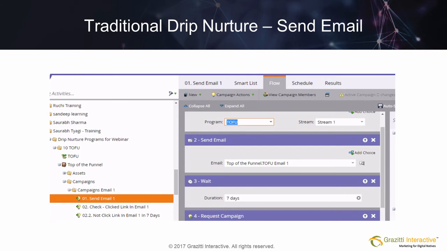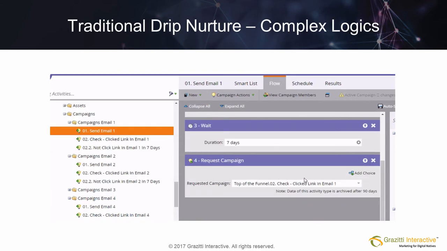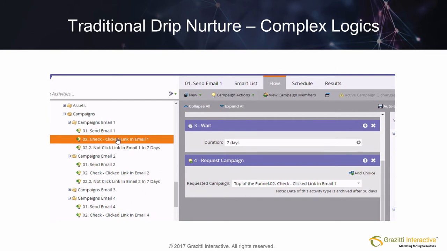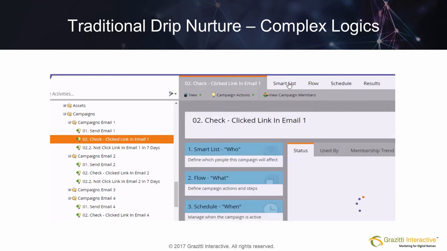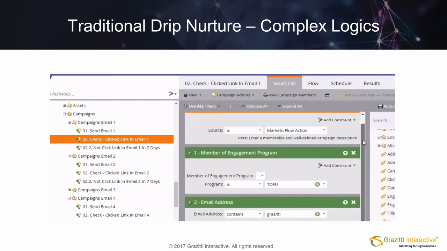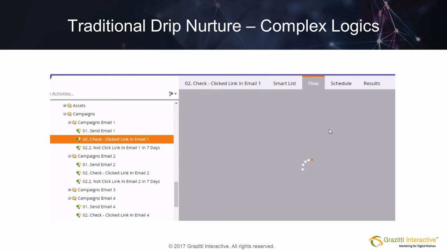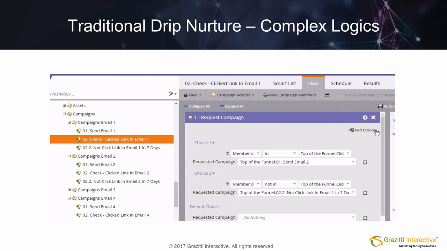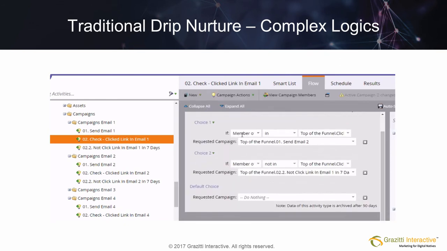This campaign which checks is referencing a separate set of smart lists where I have defined the criteria of the leads who have clicked. If they are a member of a smart list where I have defined they have clicked the email, I send them the next email.